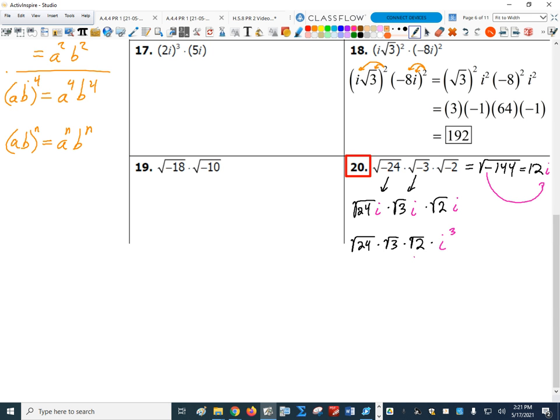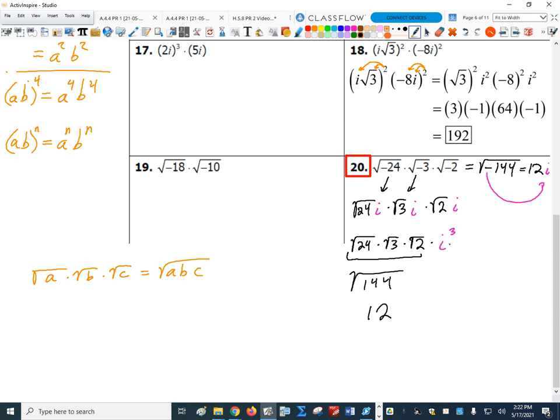So I can use the property that the square root of a times the square root of b times the square root of c is just the square root of a times b times c, if a, b, and c are real numbers, right? So this is all just going to give me the square root of 24 times 3 is 72, times 2 is 144, right? And that's just 12, isn't it? So that's just giving me 12.